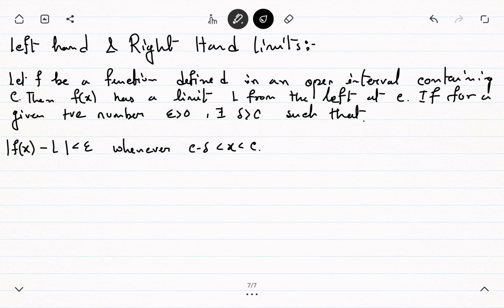Symbolically, it is written as the limit of f(x) as x approaches c from the minus side, and this is the limit from the left hand side.